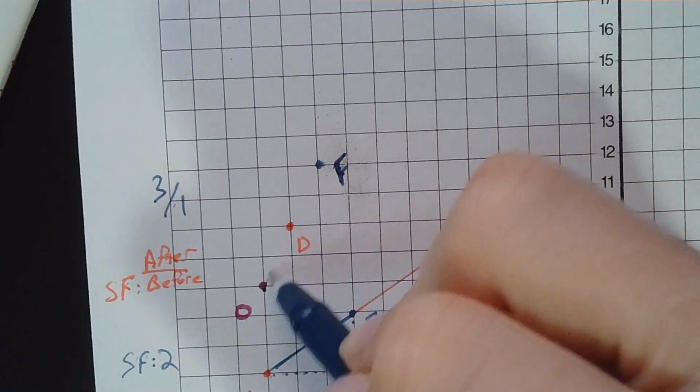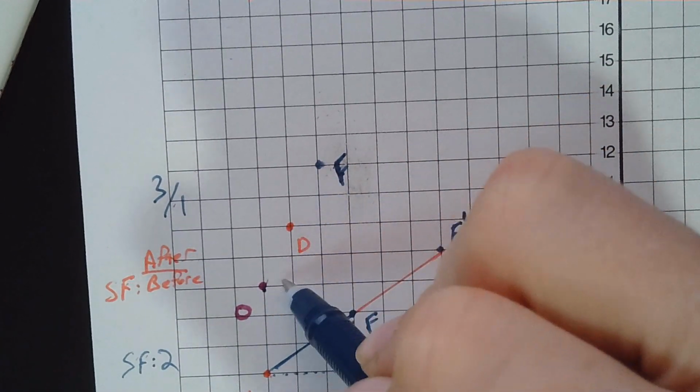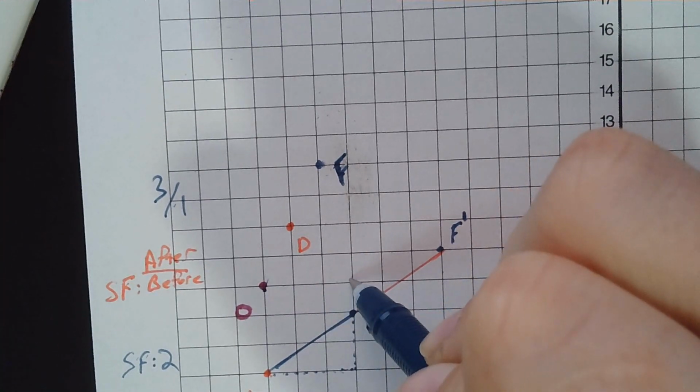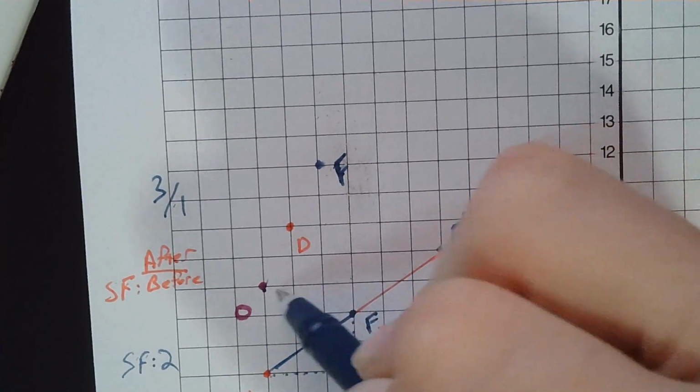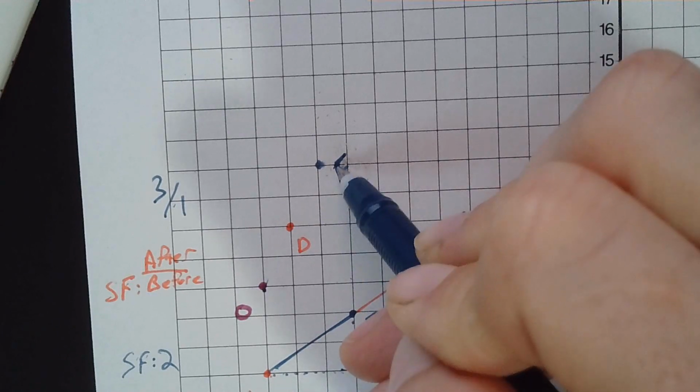My initial length from O to F is 1, 2, 3. It's 3 over. Oh, sorry.